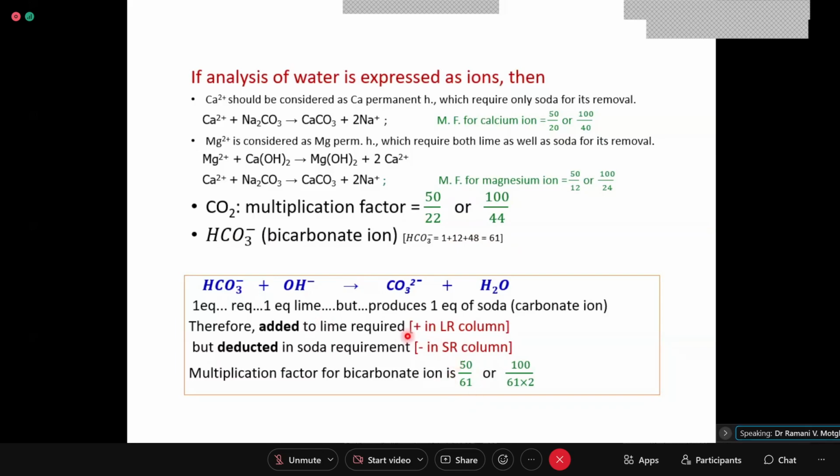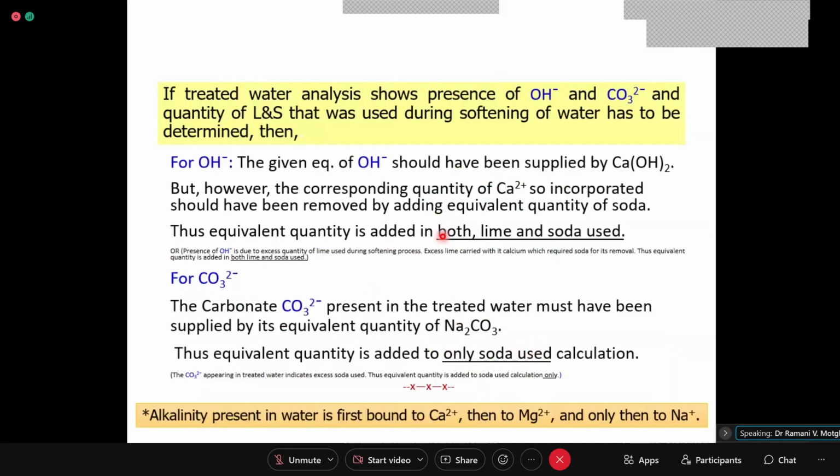Now the bicarbonate is added in lime required and minus in the soda required column, because the hydroxide lime reacts with bicarbonate forming carbonate. Now lime is required, that is why plus in LR column, and since it is leading to formation of carbonate, which is considered to be one equivalent of soda, that is why it is deducted from SR column.